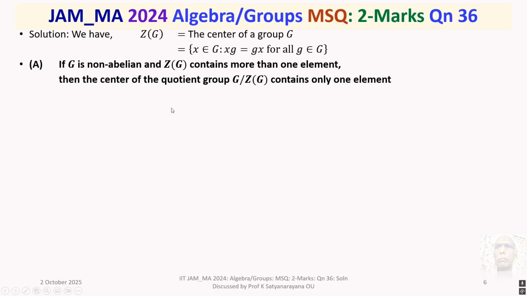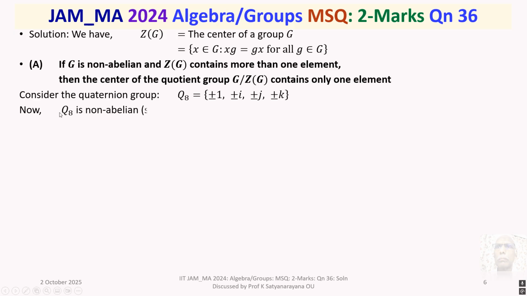We take the Quaternion group Q8, consisting of plus or minus 1, plus or minus i, plus or minus j, plus or minus k. Now Q8 is non-abelian. Why? Because ij is k, ji is minus k, so ij is not equal to ji.